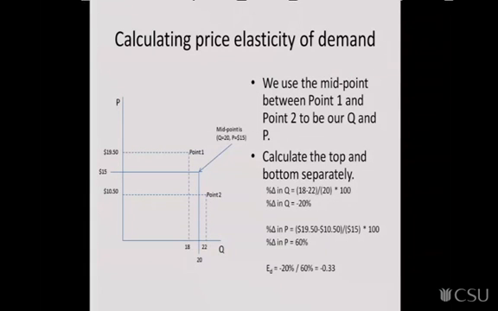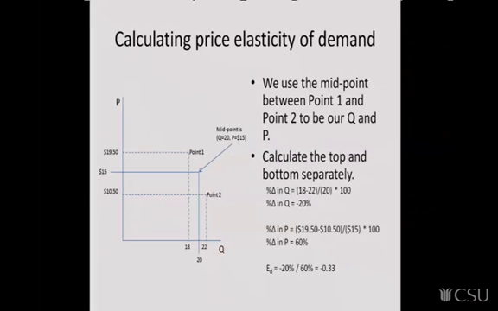What about the percentage change in price? Likewise, price is going from $10.50 to $19.50 or $19.50 down to $10.50, depending which way you want to look at this. In that case, the average was 15, and the change is $9. The change in price was $9.